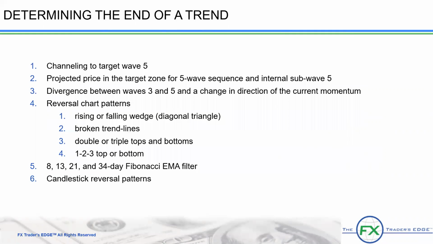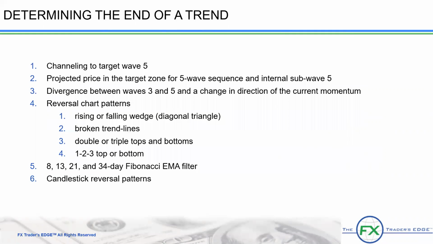Then we add the Awesome Oscillator and we look for divergence between waves 3 and 5. And this actually is part of our wavy tunnel setup, the Awesome Oscillator looking for divergence between waves 3 and 5. We talked about reversal chart patterns, and we mentioned how the classical technical analysis chart patterns that you may be familiar with can be explained through Elliott wave analysis.